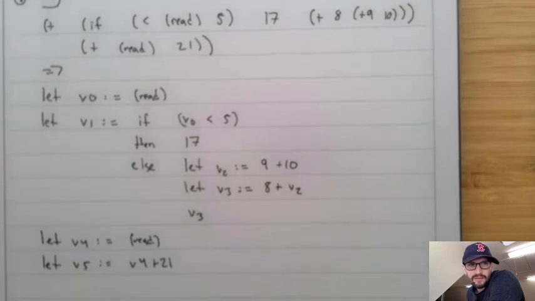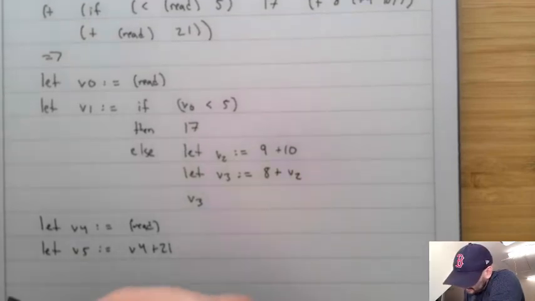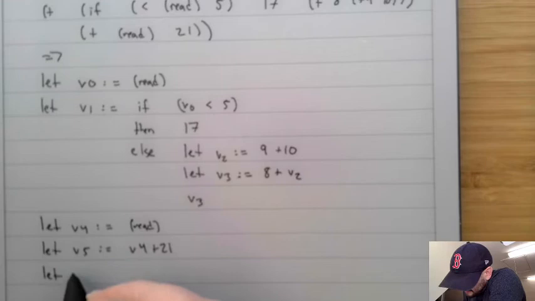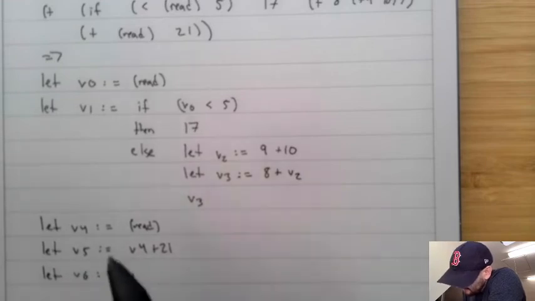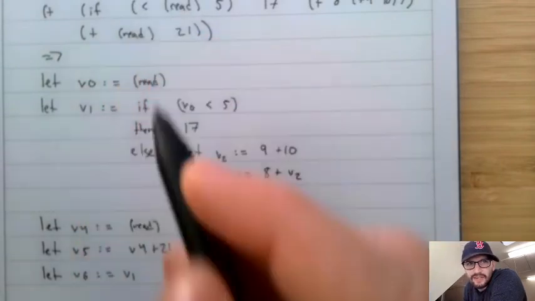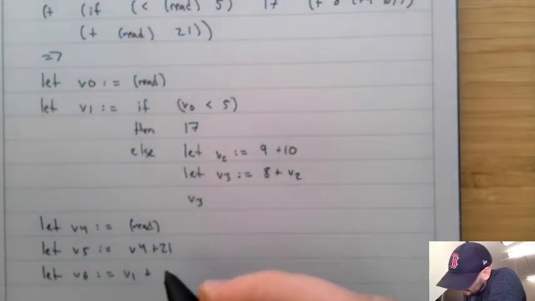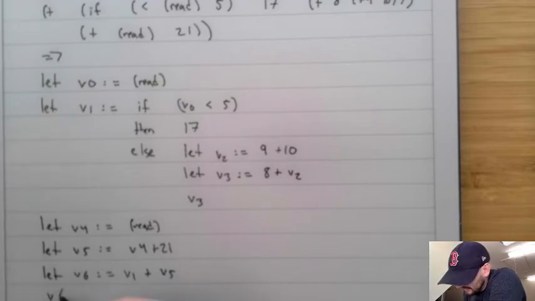And then let me push this down a little bit. Then we're going to have v6 equals v1, that's the left-hand side of the expression, plus v5, that's the right-hand side, and then we're going to return that v6.